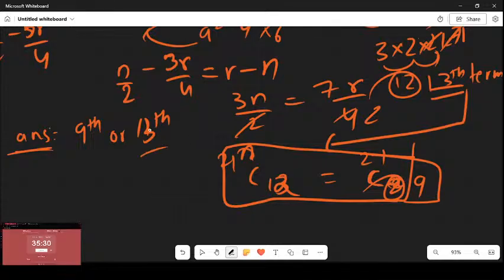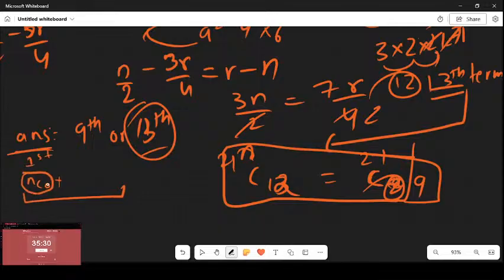Okay, if you guys didn't understand, why did I take it as the 13th term? I took it as the 13th term because if this is the expansion, nC0 will be the first term. If this is the first term, if you observe here it is 0. So for the 13th term it will be nC12.